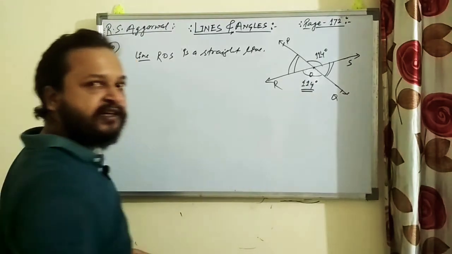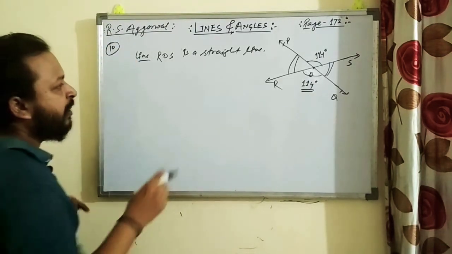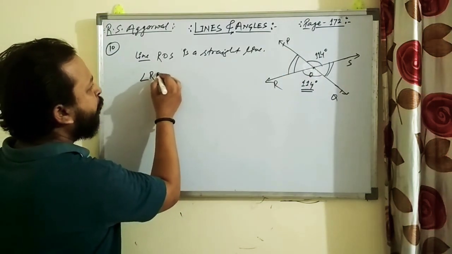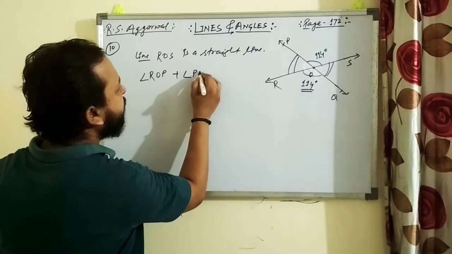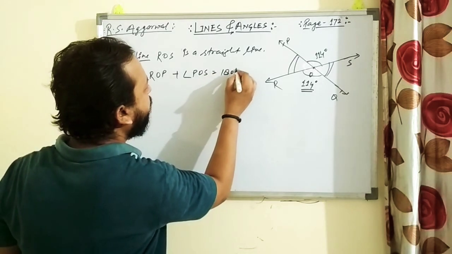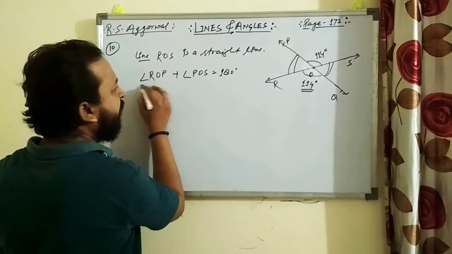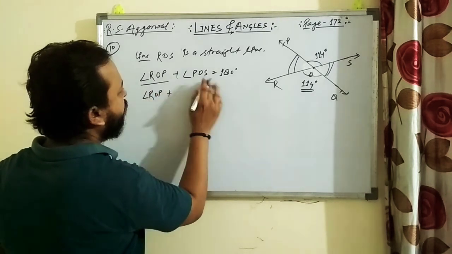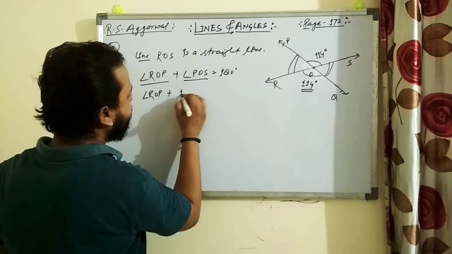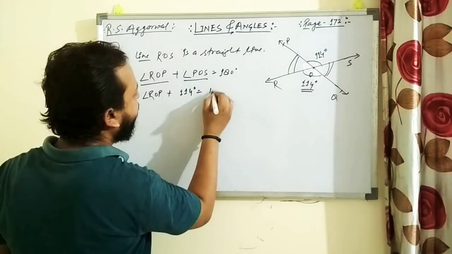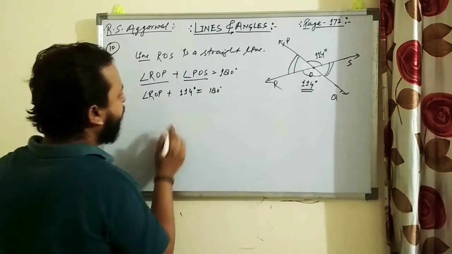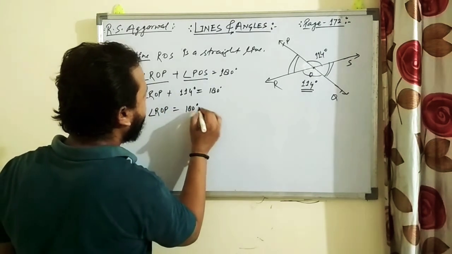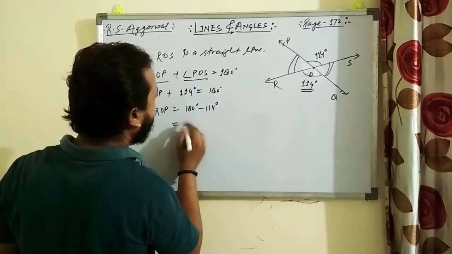If any line is a straight line, it means they are making a linear pair of angles. So angle ROP plus angle POS must be equal to what? 180 degrees. ROP you have to find out, and you have the value of POS, that is 114 degrees, right? So angle ROP is equal to 180 degrees minus 114 degrees, right?